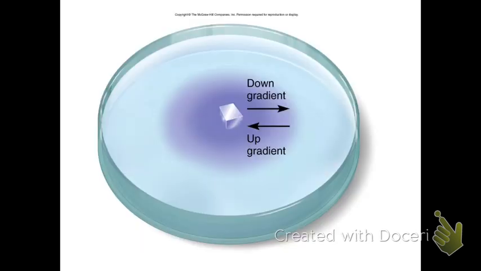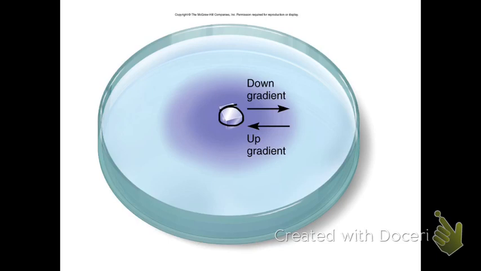Let's take a look at a petri dish. In this petri dish, there's some water, and a crystal of some sort has been placed in the center. You could imagine this being a drop of food coloring also. And we know what's going to happen, right?